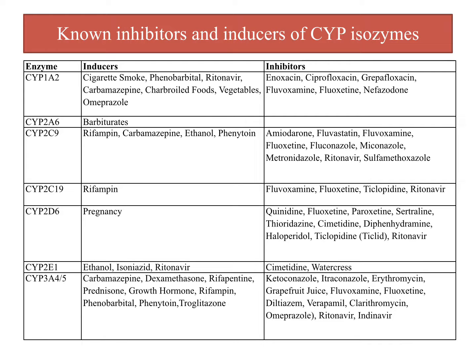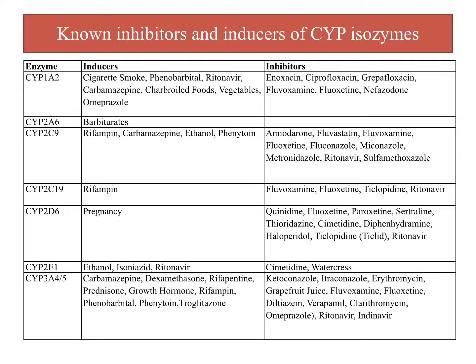In this slide, you can see there are several inducers and several inhibitors. For example, for the CYP1A2 enzyme, you see cigarette smoke, phenobarbital, ritonavir, carbamazepine; these are inducers of this enzyme.